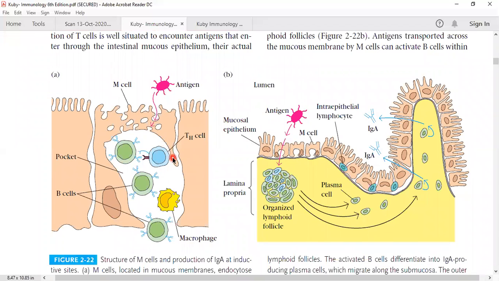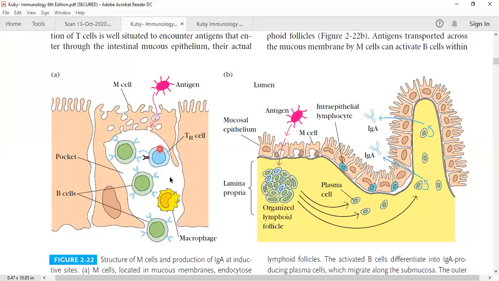So first, understand these M cells. As I told you, if we eat some antigen in our food or drink it in water, this antigen in our intestine will come through these M cells into this pocket-like region, right?